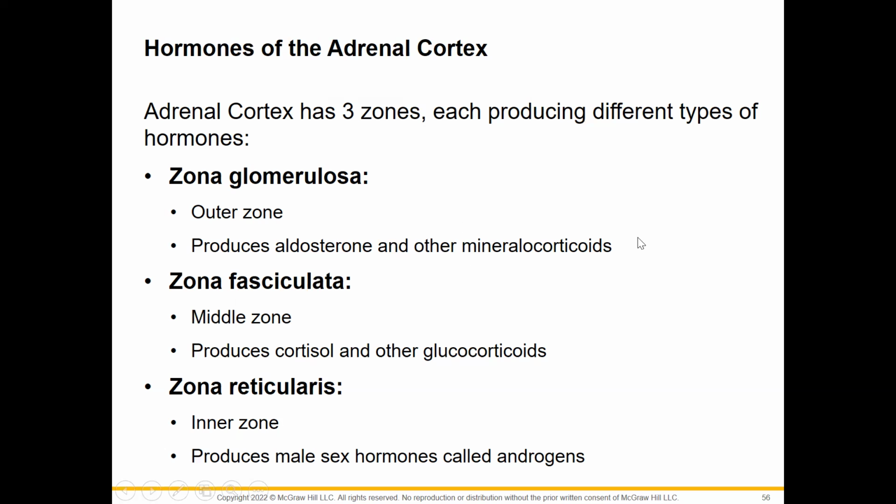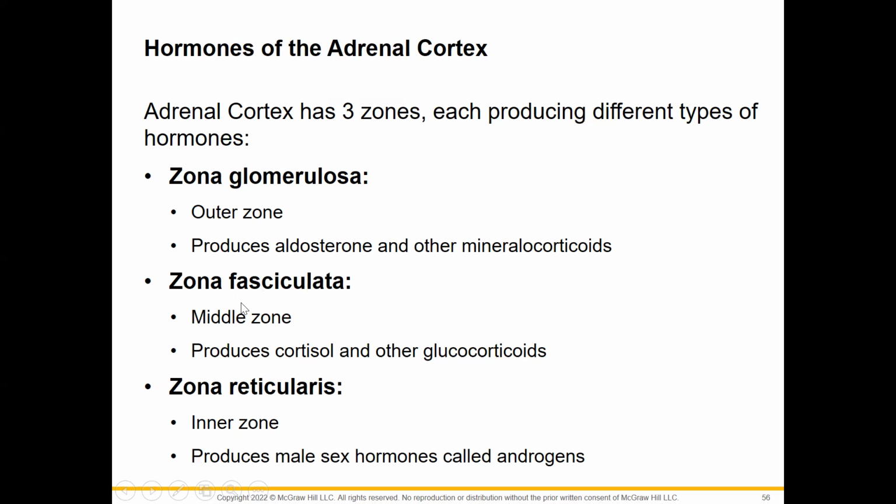Cortical means cortex, basically. So, minerals. These are the hormones that are affecting the minerals, like sodium. All right. So, zona glomerulosa is the most superficial layer producing your aldosterone and other mineralocorticoids. Get familiar with that term and what it means.